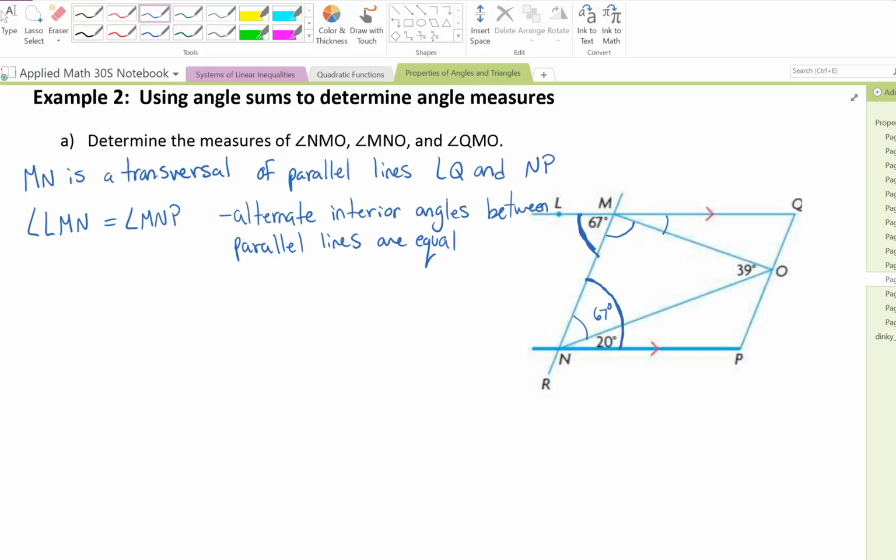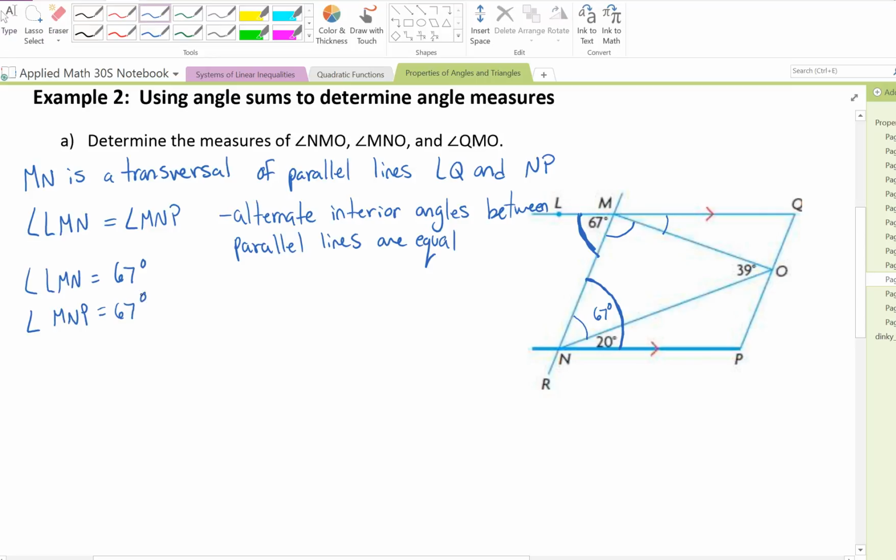So first let's write down that I know angle LMN is equal to 67 degrees, which also means that angle MNP is equal to 67 degrees because of that.